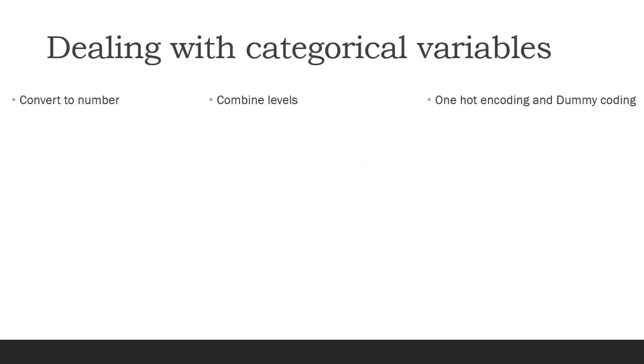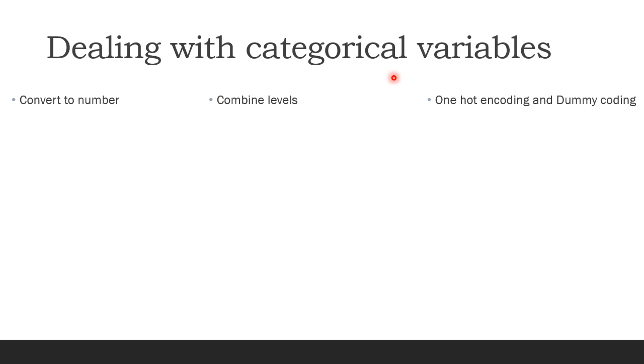Moving on. So how do we deal with categorical variables? Now, the previous slides talked about feature selection, elimination, and feature engineering. It also said that we combine or generate new variables to get better features which would fit into the model better and give us better predictions. So how do we do that?